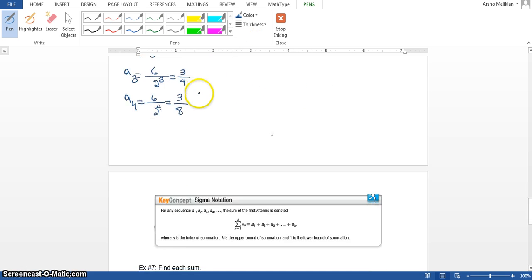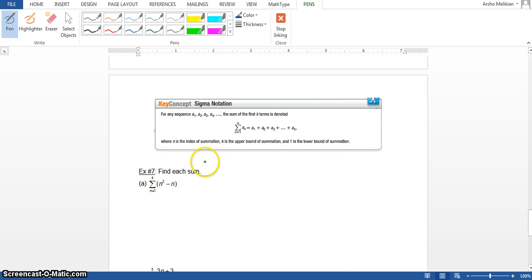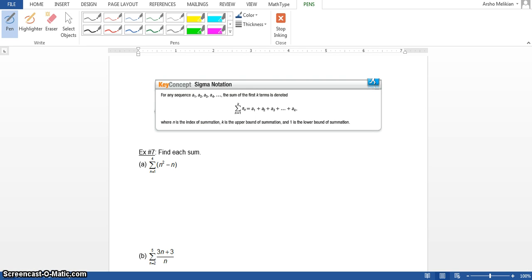A more general notation is what we call sigma notation. Sigma is one of the Greek letters. It makes the S sound, and it's written like this. This is capital sigma. Lowercase sigma looks more like this. If you turn it sideways, it looks like an M, or a W.